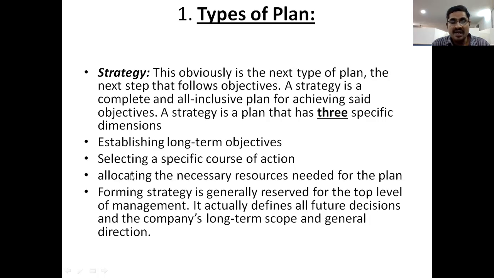Allocating the necessary resources: resources means the 5 M's: money, men, material, machinery, and methods. Selecting the future course of actions and setting the targets all come from strategy. So simply, strategy means a long-term excellent plan to achieve the targets of the company, right?